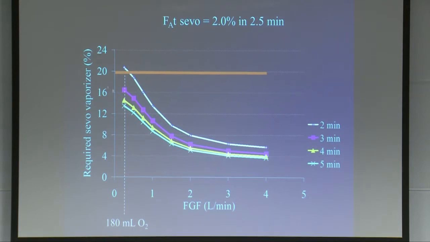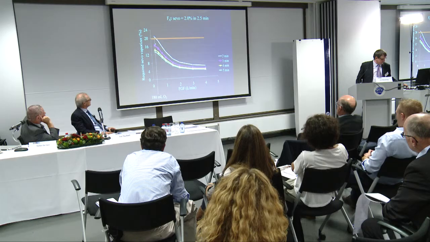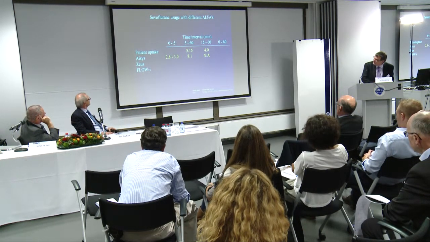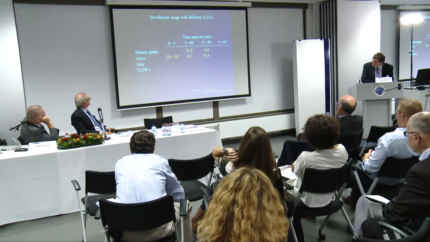If we would make the vaporizer let it go all the way to 20%, you can see that you will get your end tidal within 3 minutes with a fresh gas flow of 180 milliliters per minute. So you could use 180 milliliters per minute and get your end tidal up to 2% within 2 to 3 minutes. So that's a long story just to be able to fill out this little box here.